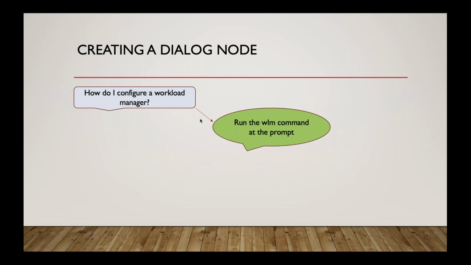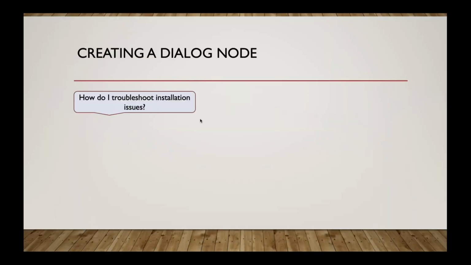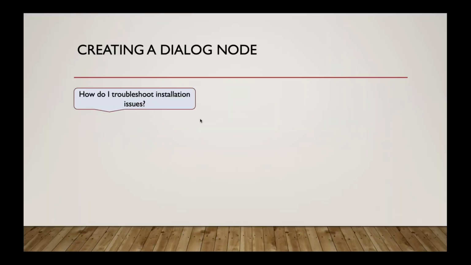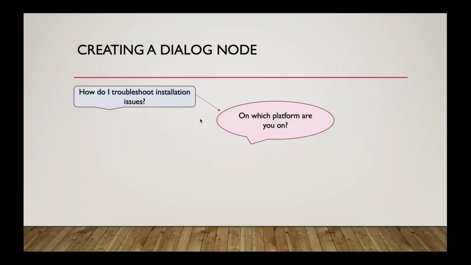Now, what if you want a deeper semantic here? What if the bot wants to ask you a follow-up question, something like, how do I troubleshoot installation issues? The bot would have to ask you, on which platform are you? Because there are different troubleshooting issues for different operating systems.